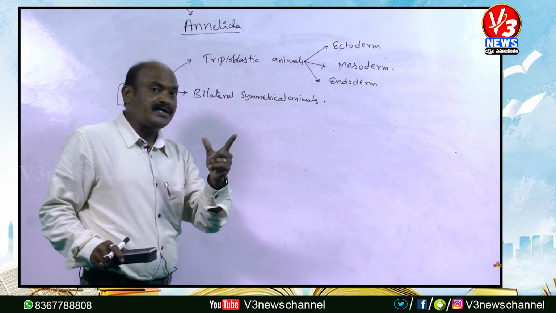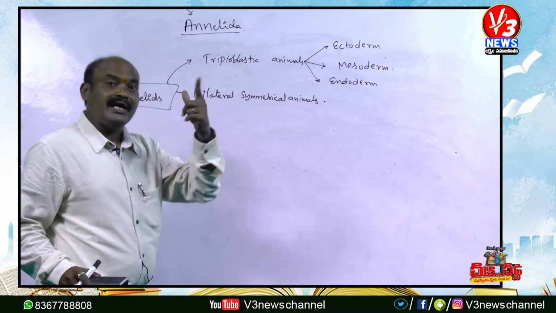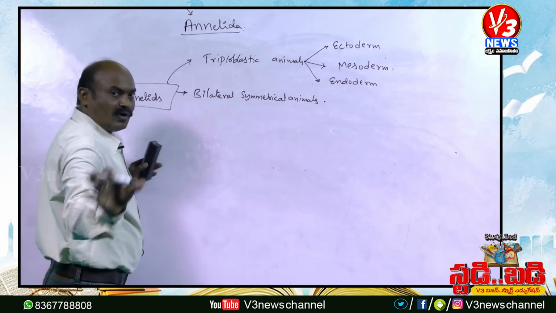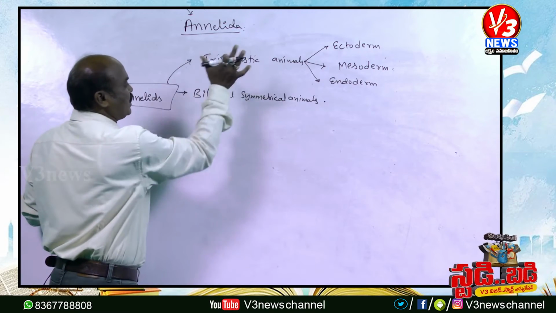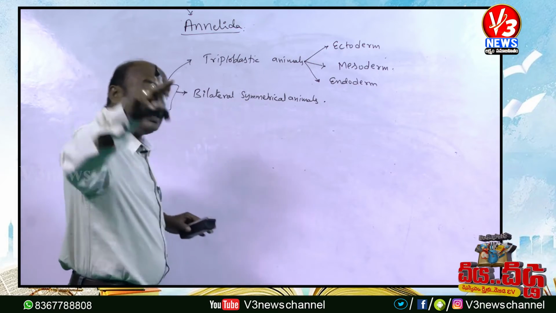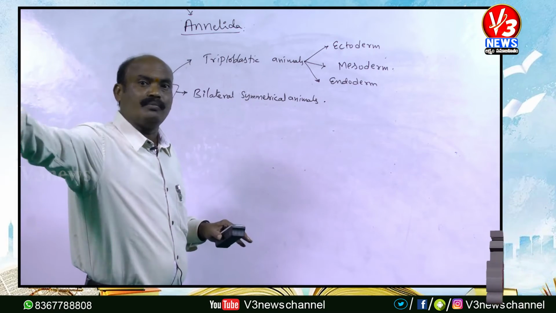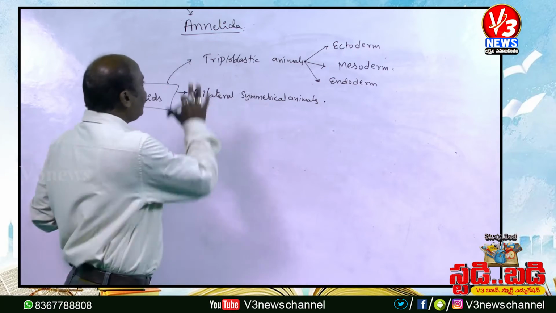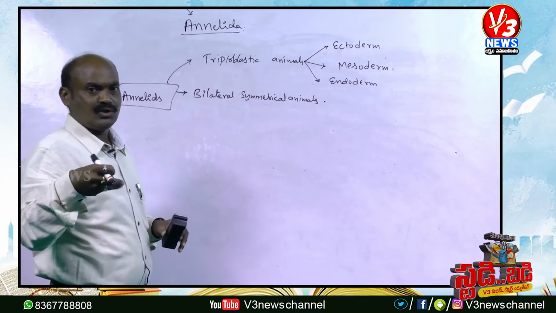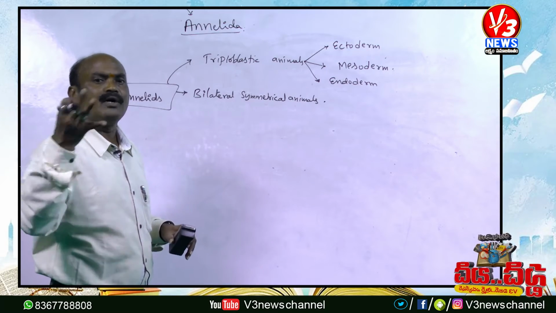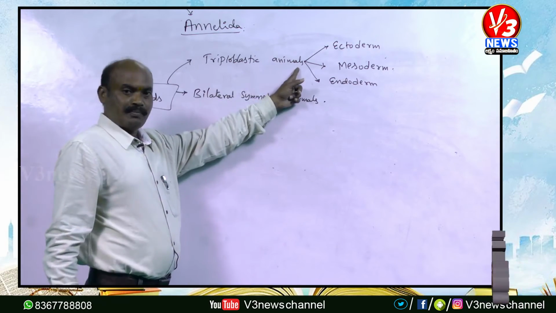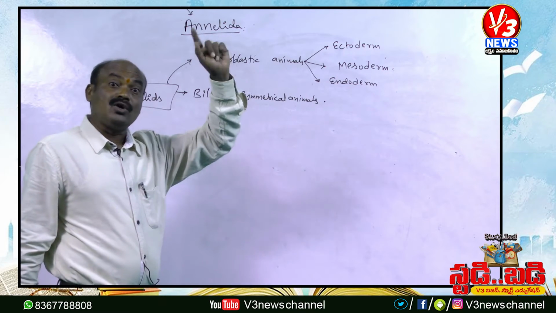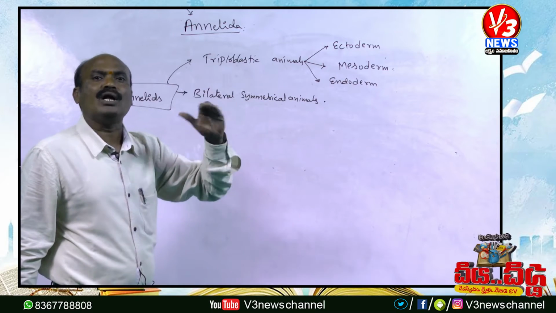But what is the different character among the three? Once again, flatworms are triploblastic, bilateral symmetrical, acoelomates, because there is no coelom in their body. Roundworms, the nematoda group, are also triploblastic, bilateral symmetrical, pseudocoelomate animals, having a false coelom.